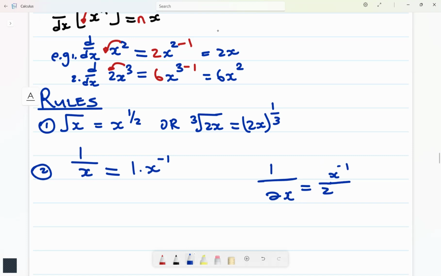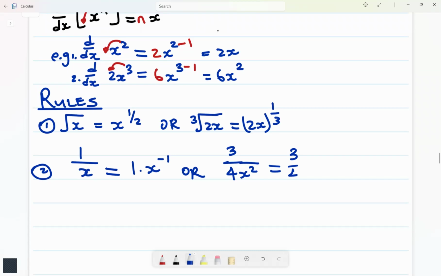Or let's say I have 3 divided by 4x squared. Remember 3 divided by 4, I do not care about it. You can just put x here as -2, like that.